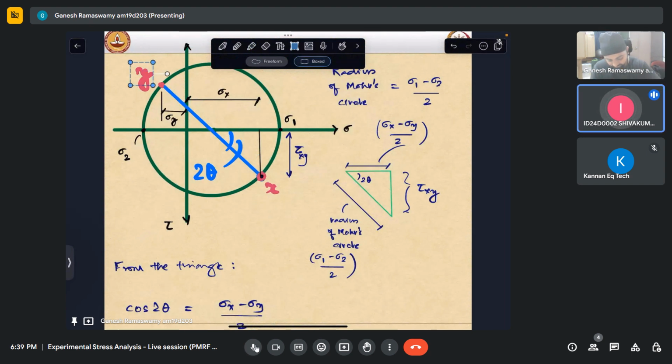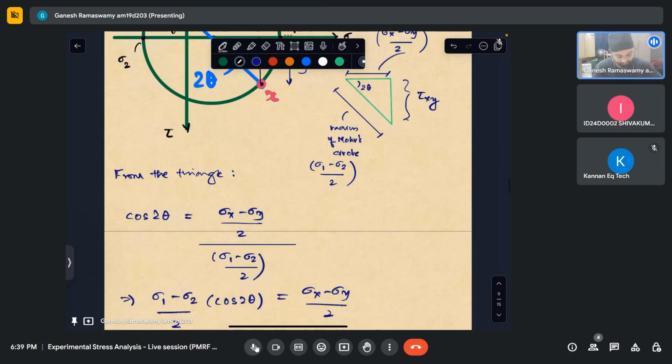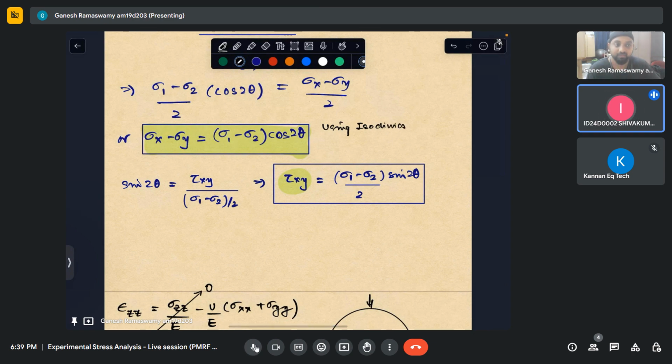Yes, yes, isoclinics. Yes, 2 theta we will come to know using isoclinics. Exactly.